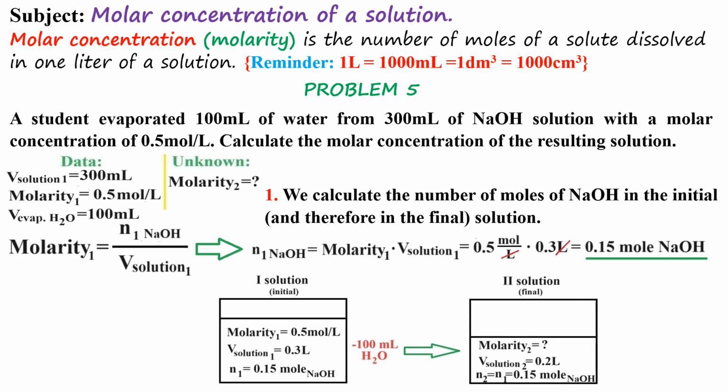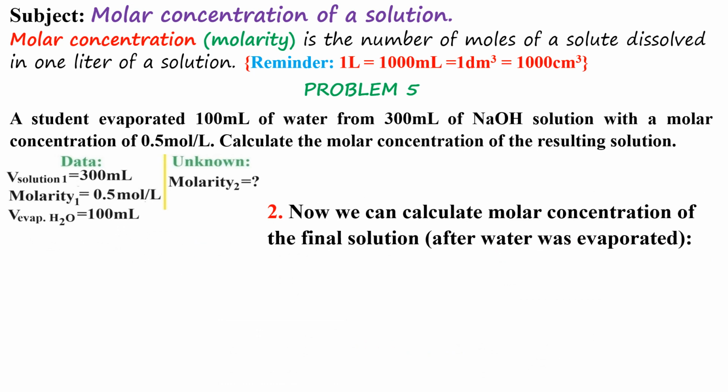Let's represent this with the help of the drawing. In the initial solution, we have 0.15 moles of sodium hydroxide, and in the final solution, we have also the same amount of moles of sodium hydroxide. Why the same? When we evaporate a solvent, in this case water, the number of moles of solute does not change.